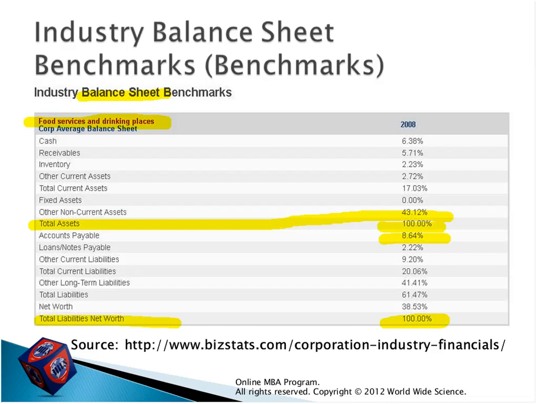So in this company, around 50% is actually owed by the company. And what about the equity? The equity, the net worth, here is the net worth. The equity is around 39%. So this is based on the benchmark companies.